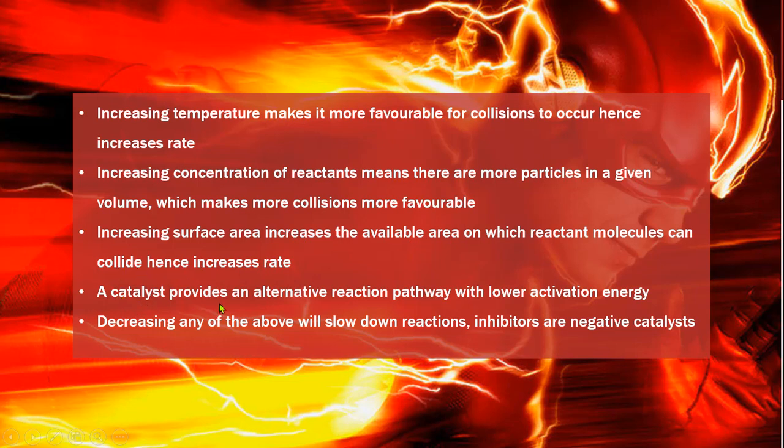A catalyst provides an alternative reaction pathway with lower activation energy. Remember too, a catalyst is not changed in the reaction. Decreasing any of the above will slow down reactions, and inhibitors are negative catalysts, meaning these are things that slow down reactions.